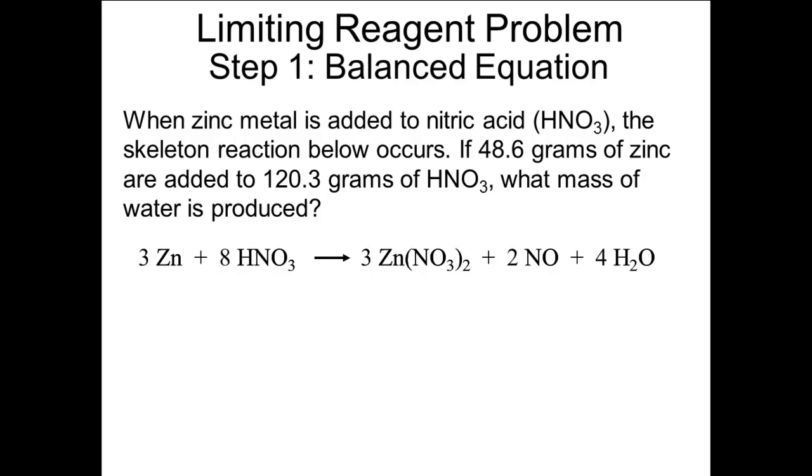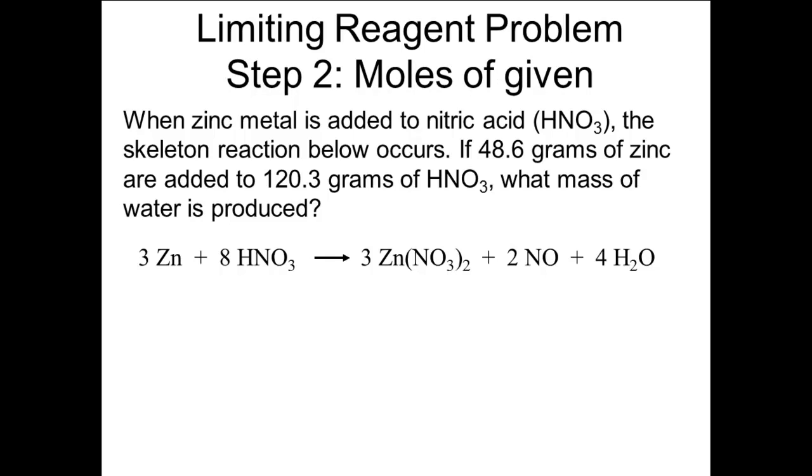We have 2 givens. Which one gets used up first? There's a lower mass of zinc than of HNO3, so is zinc the limiting reagent? Remember that zinc and HNO3 will almost certainly have different molar masses, so we shouldn't necessarily judge by the number of grams. So let's move on to the second step.